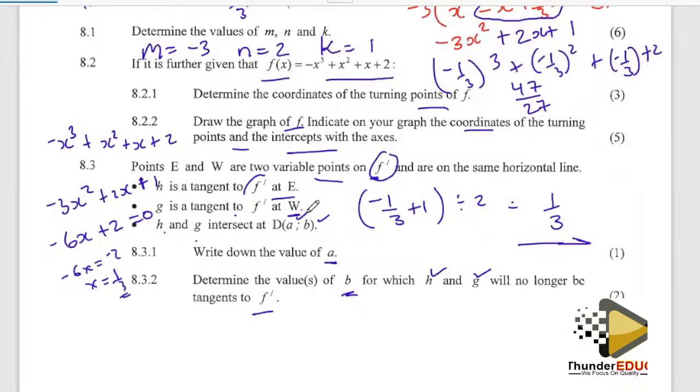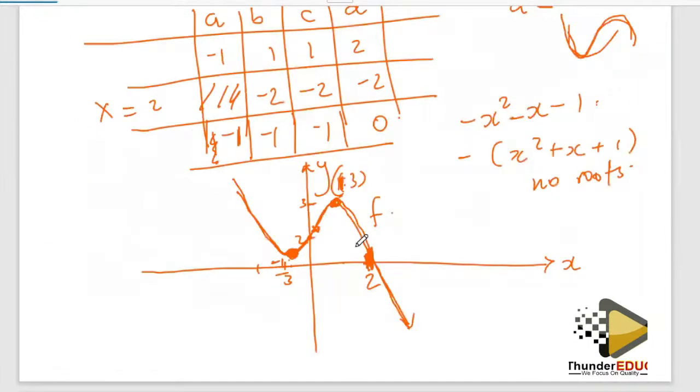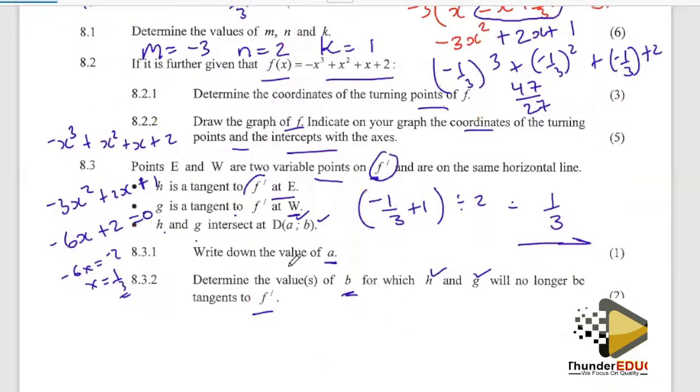Okay, so what I can see from here, since this was 1/3 as our point of inflection, they are asking us for which values of B the graphs are no longer going to be tangents, for which H and G will no longer be tangents. What do we do? Okay, let's see.